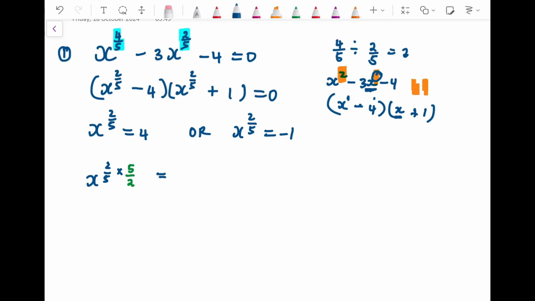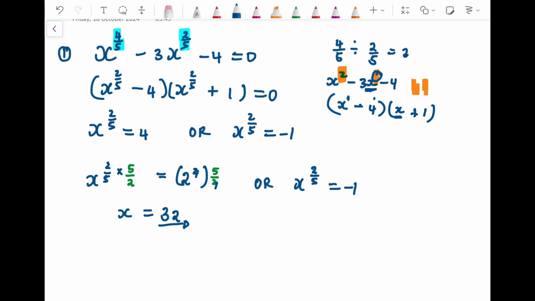This is equal to 4, which is the same as 2 to the exponent 2, and even here we multiply by the reciprocal of 2 over 5, which will be 5 over 2. Now, here we are going to remain with x is equal to, 2 and 2 will cancel out, and then 2 to the exponent 5 is the same as 32.